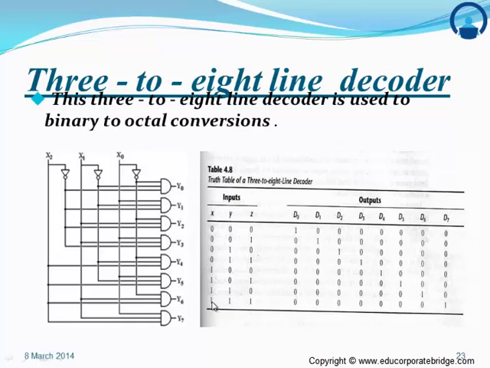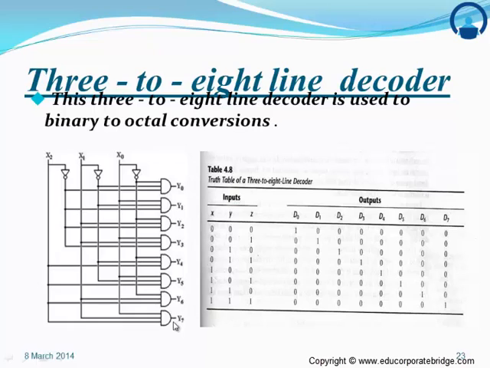Similarly, let's check for X, Y, Z, which is 1, 1, 1. So D7 is selected. Therefore, D7 will be X0, which is X, X1, which is Y, X2, which is Z. Hence, a 3 to 8 decoder can have 2 raised to n outputs, where n is the number of select lines.